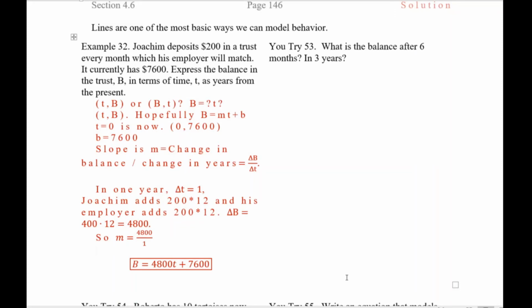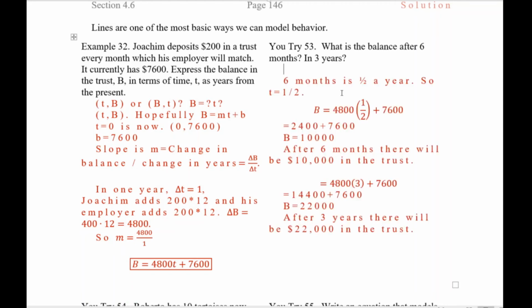You try 53. What is the balance after 6 months and in 3 years? Pause here and try it on your own. Here's my work. 6 months is a half a year, so we need to figure out what B will be when t equals 1/2. We use the formula that we created, and we receive B equals 10,000.